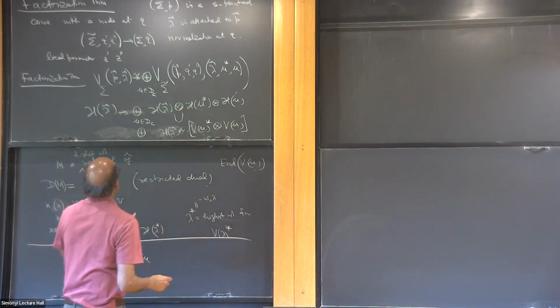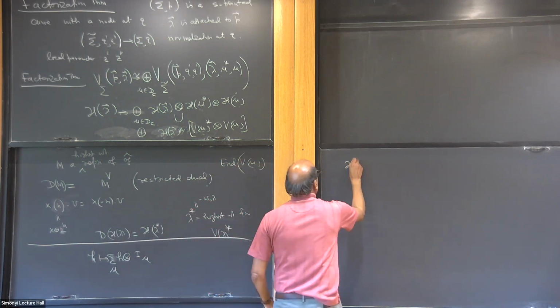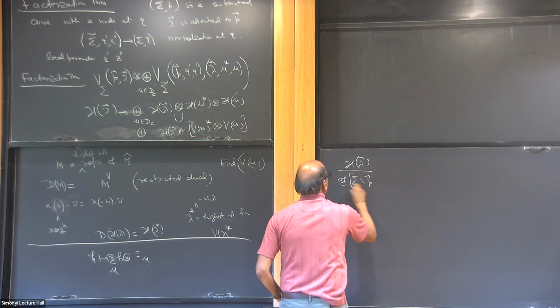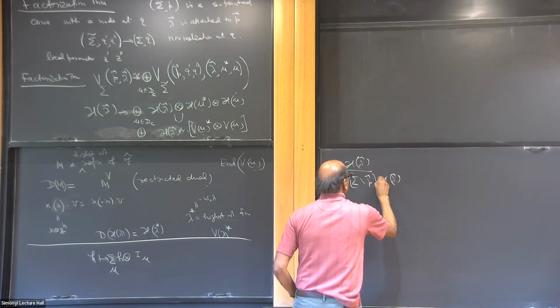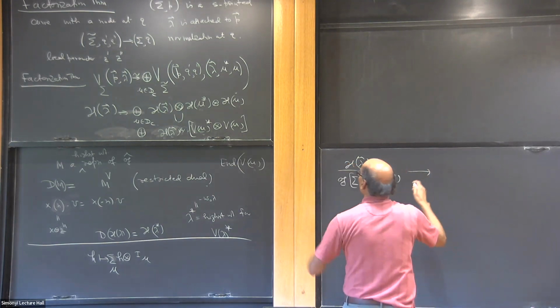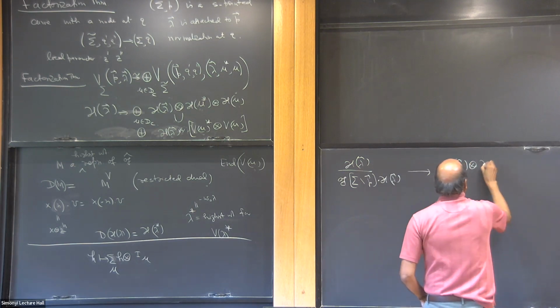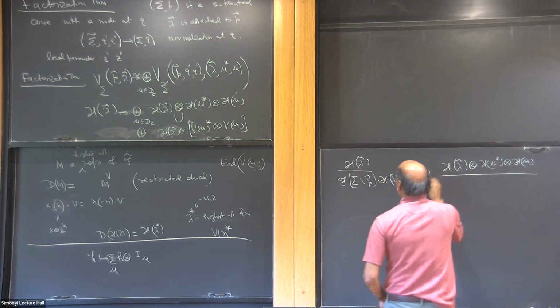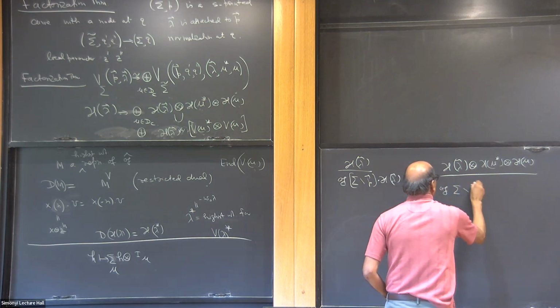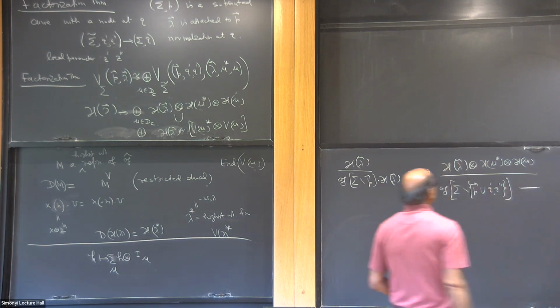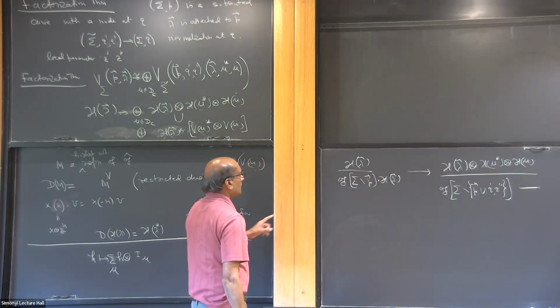Factoring means we have G of sigma minus P acting on H lambda tensor H mu star tensor H mu, divided by G of sigma minus P union Q prime Q double prime of the same thing.